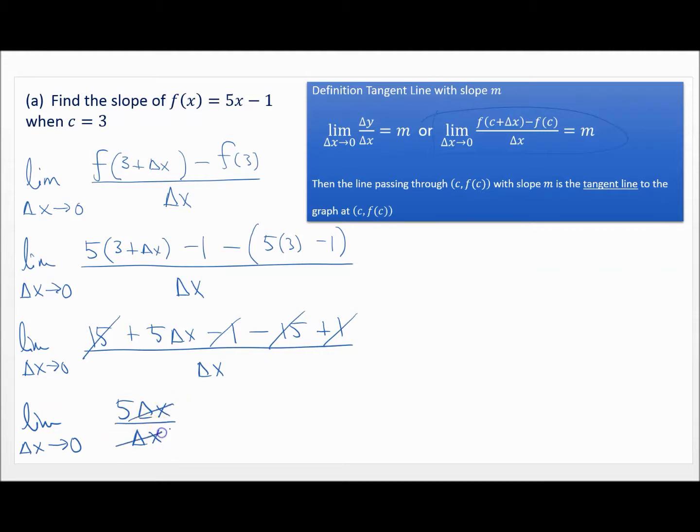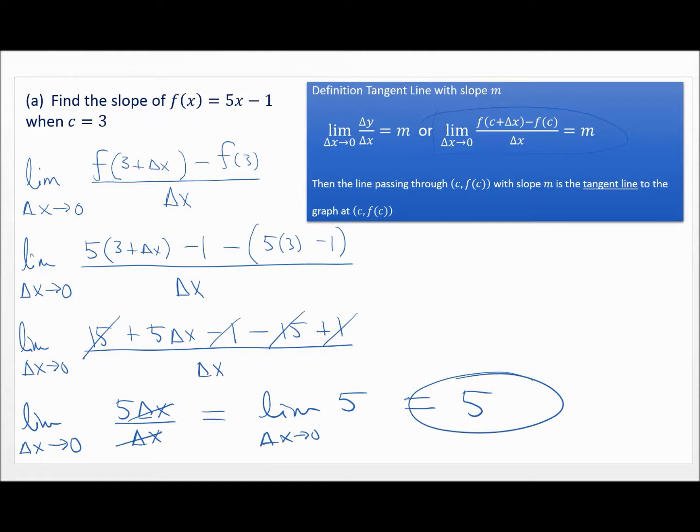The delta x's cancel, and I'm left with the limit as delta x approaches 0 of 5. Now, we already know the limit of a constant, no matter what you are approaching, is that constant. So here's what we just found. The slope of the tangent line is 5.